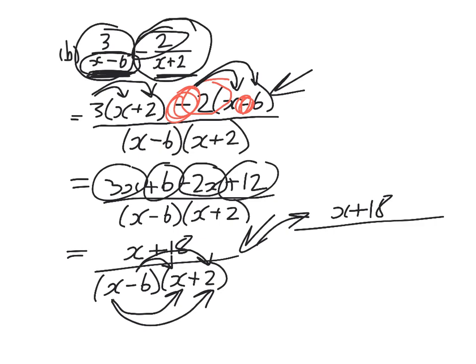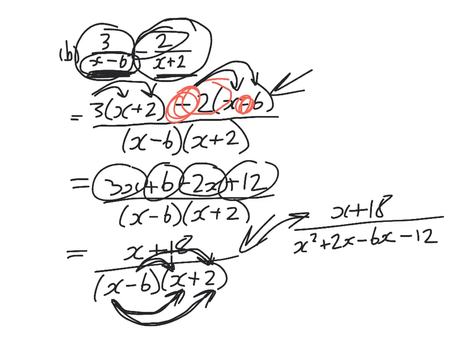So the x times the x becomes x squared. Do you remember what these are called? Yeah, quadratics. Then the x times the 2 is plus 2x. And then I've got minus 6 times the x, minus 6x. It's not hard, it's just following the process. And minus 6 times the 2 becomes minus 12.